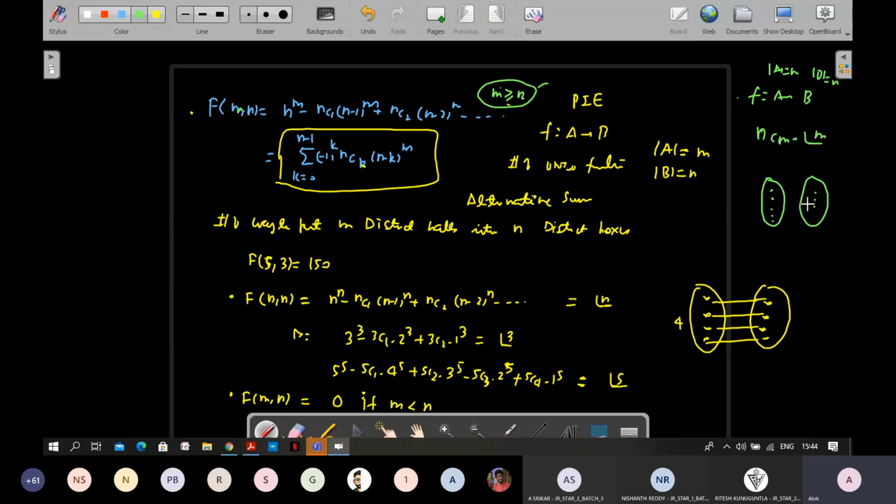Some balls have to go to the same box. So you want at least as many boxes as balls, n greater than or equal to m for one-one functions. But this handles both of them.